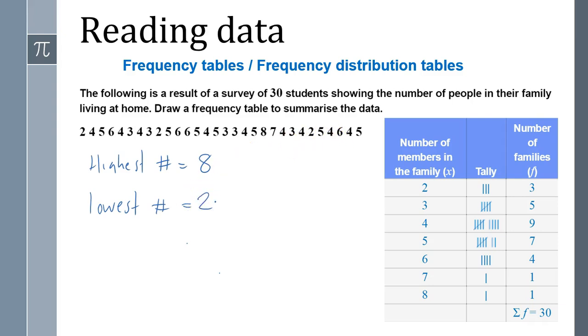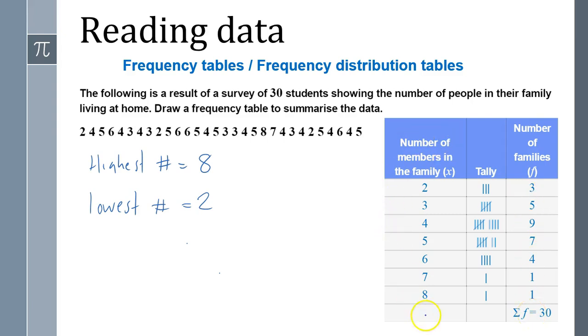Okay, so my frequency distribution table has to start at 2 and it has to go up each one until we get to 8. Even if there's no 7s, if there's no 3s, you've got to go all the way up. So that's not too many categories, so I can do it as ungrouped data. If the highest was say 100, 2 to 100, I'd be going for group data because otherwise I'm going to end up with too many rows here.